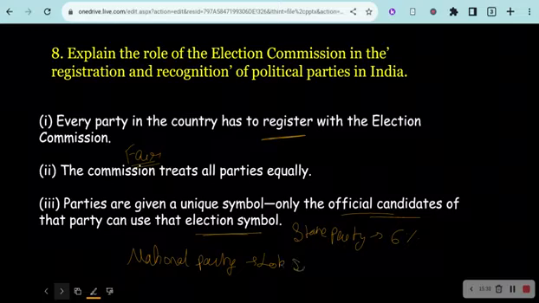For a national party it is as per the Lok Sabha, but for a state party it is out of the legislative assembly. And you should win at least 4 seats. At least 4 seats are required here, at least 2 seats are required there. So that is why the Election Commission is very important. That's how it does the registration and recognition.